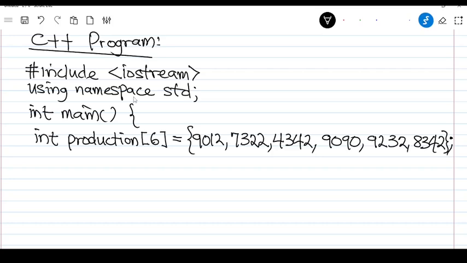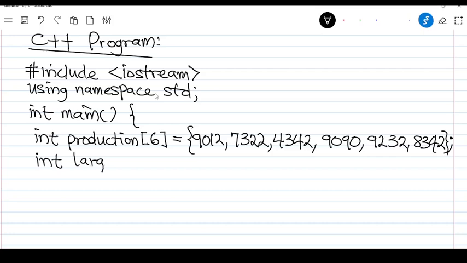Now the second step is to initialize our variables, like the largest, the smallest, and the sum. Like what we have in our algorithm, we said that we're going to initialize the largest and the smallest to be equal to the first member. So we're going to have int largest. Largest is the variable to hold the largest number in the array.